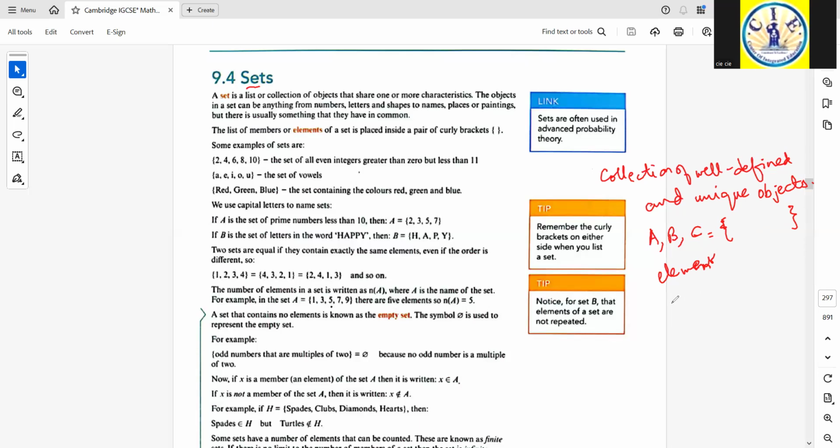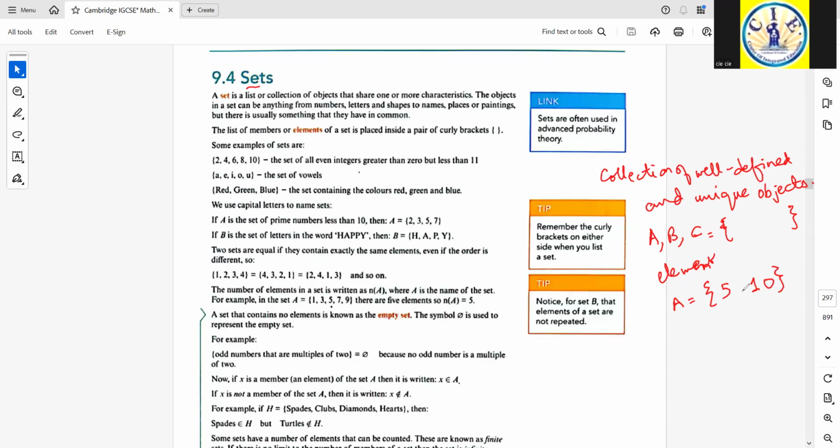Like for example, if I say a set A is a collection or a set of positive multiples of 5, less than or equal to 10. So that would be containing 5 and 10.